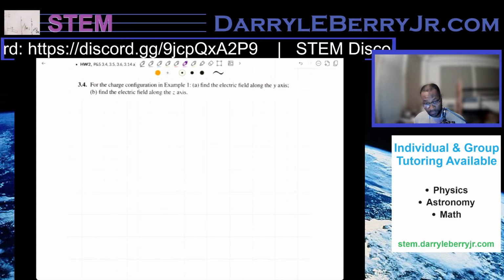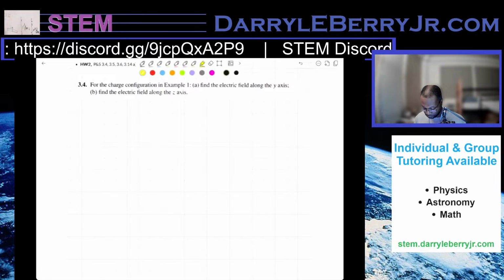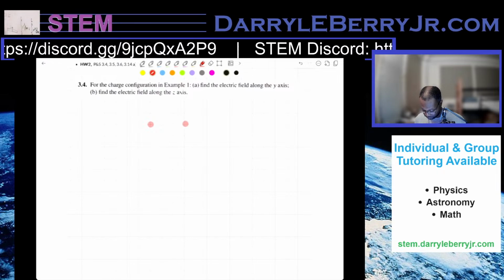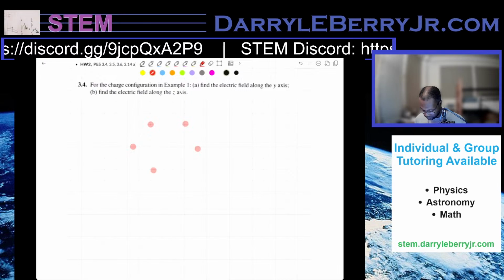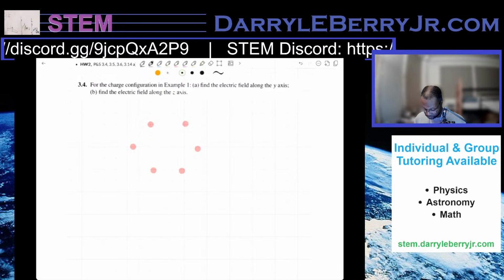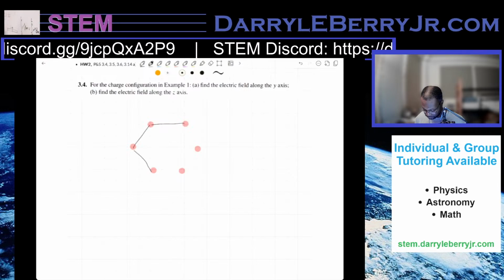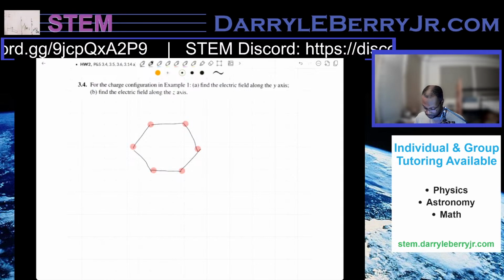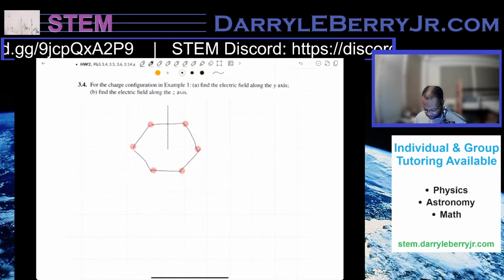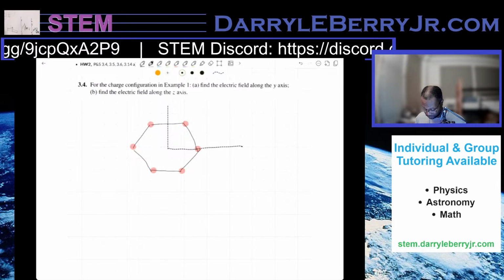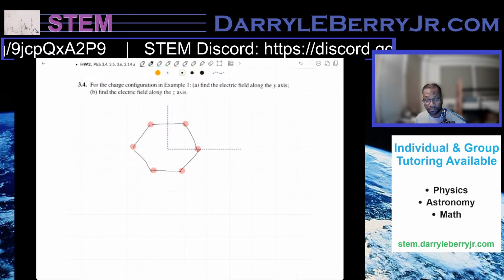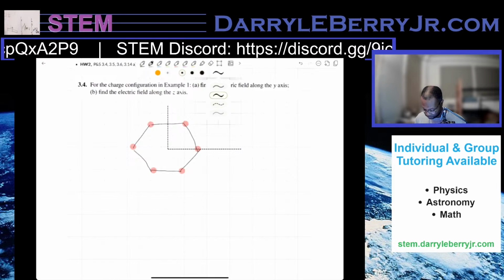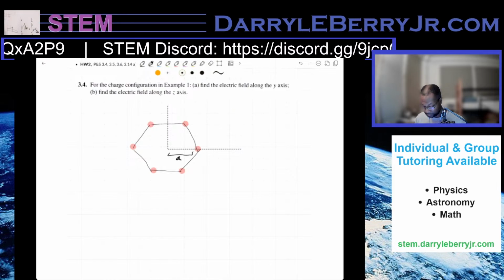We have charges in a hexagonal configuration. It's A in length.